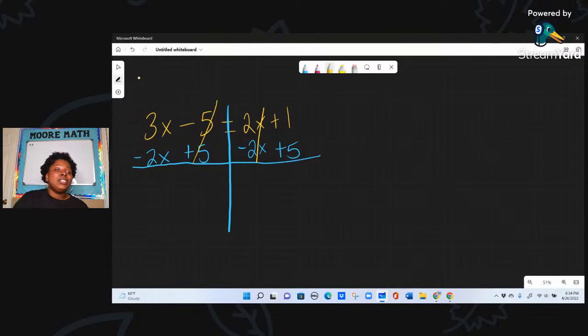So 3x minus 2x is just 1x, and with 1x we don't always write the 1 in front of it, because 1 times x is x. And 1 plus 5 is 6. That came out pretty. All right, so that is that question.